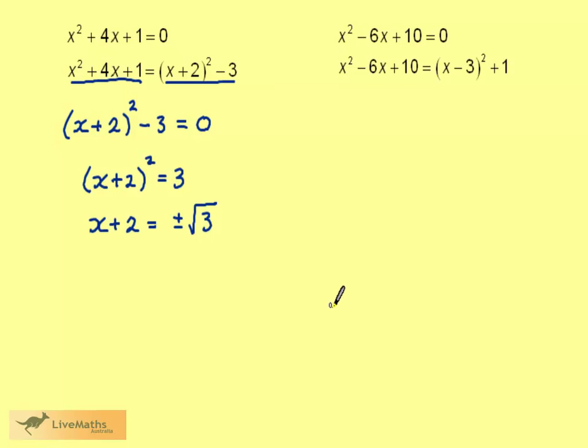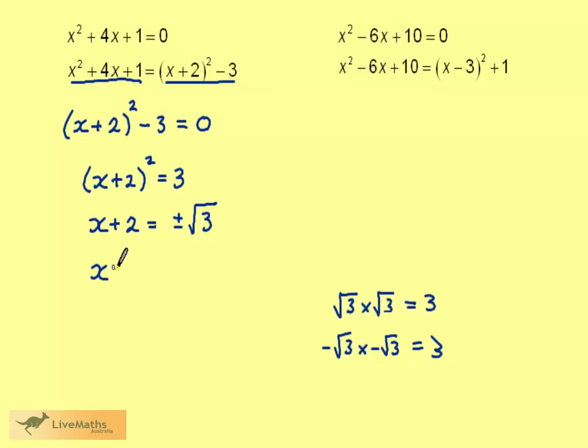Note that the square root of 3 times the square root of 3 is equal to 3, and that minus root 3 times minus root 3 would also be 3. A minus times a minus gives us a plus.